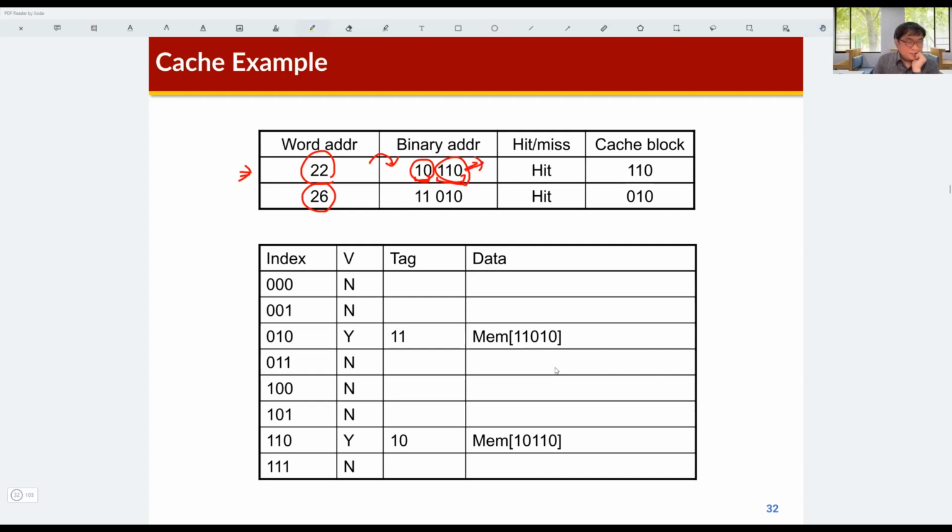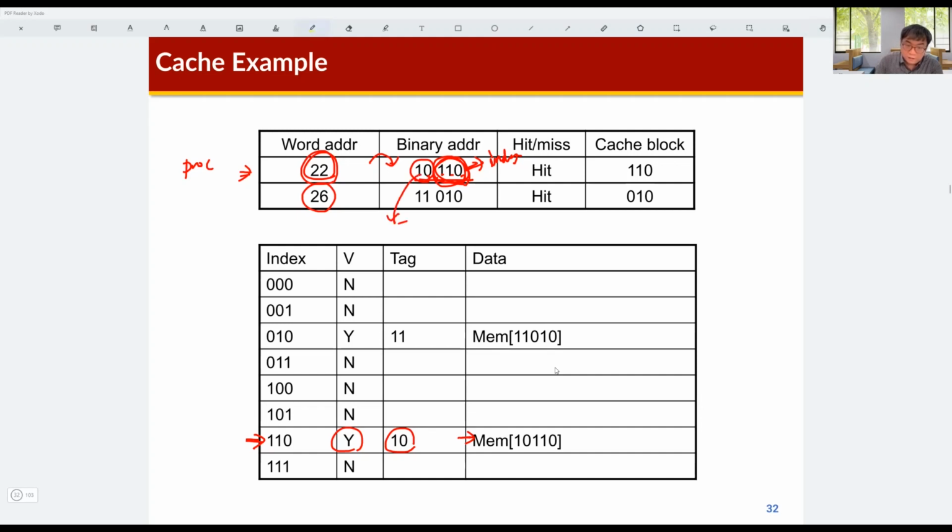This is the index, and this is the request from the processor, so this is the address. This address has the index number 110. We access the cache block which has index number 110, and this entry has valid data, and the tag is 10, with some data stored.